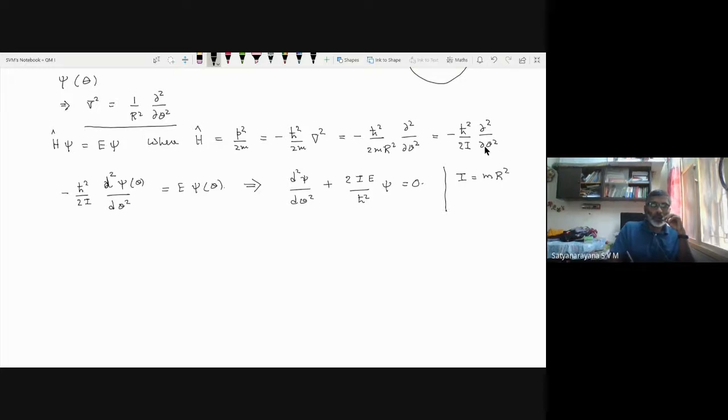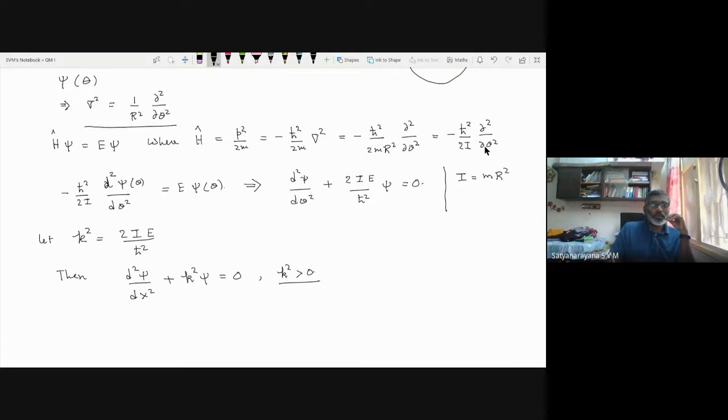And now let us set k square to be equal to twice IE by h bar square. Then this equation is d square psi by d theta square plus k square psi is equal to 0. And remember, k square is positive.